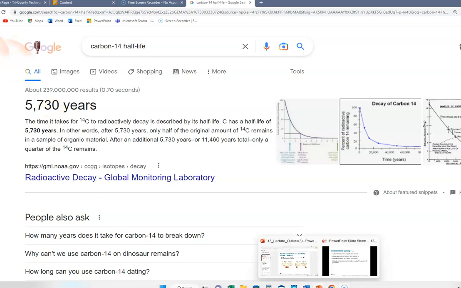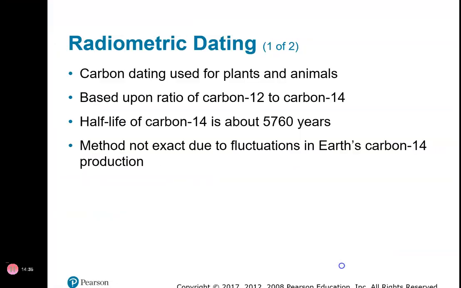I don't know why it says 5,000. I think this is just a typo. Okay, I'll try to correct that. Anyhow, that's not that much of a difference, but we use this to measure the age of things. Generally you can't go beyond like 10 half-lives or so.